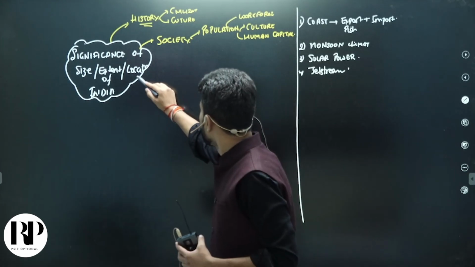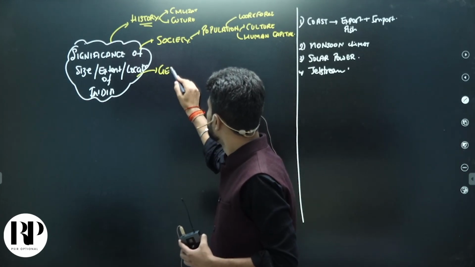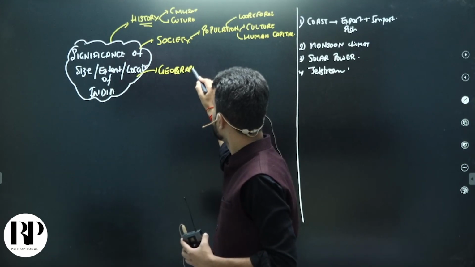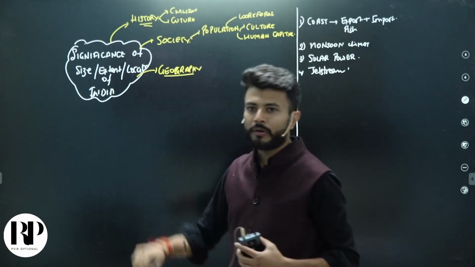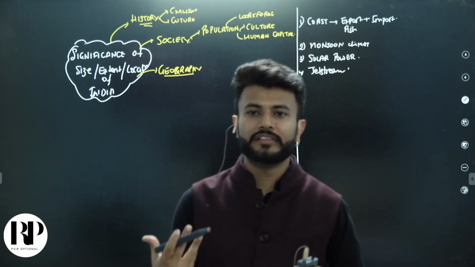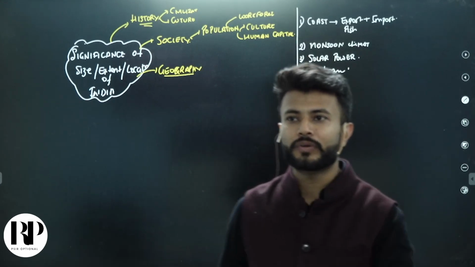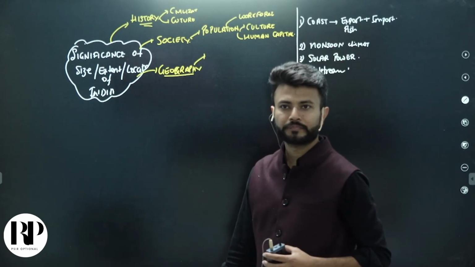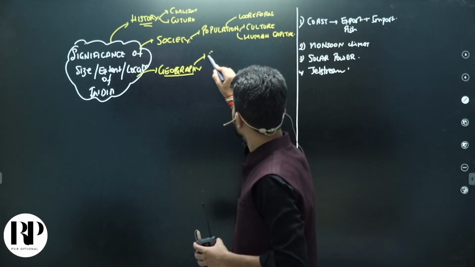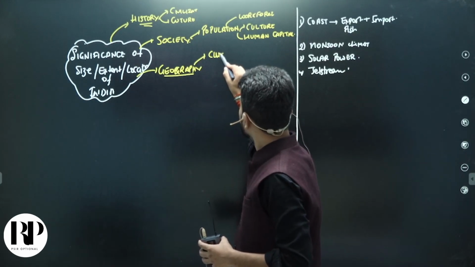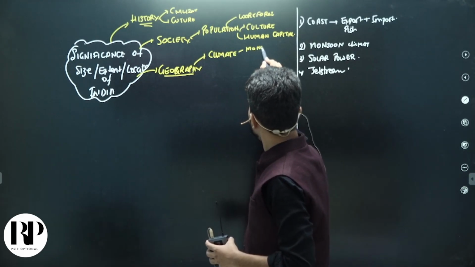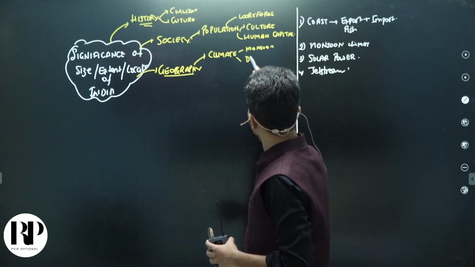Now the third part is what? Geography. So when we talk about geography, what is the geographical significance of India's size, extent, location? Now come up with all these points. One, you said climate, monsoonal climate, as well as climatic diversity.